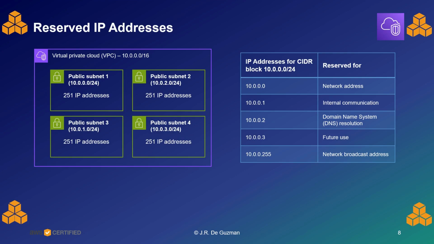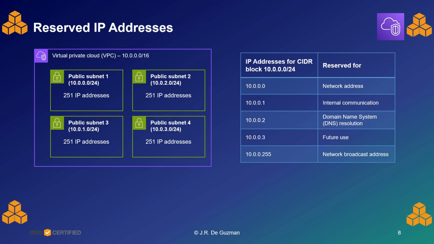So as you can see on the table, these IP addresses cannot be used for assigning to the endpoints of your machines. So they are reserved for something useful in most scenarios.